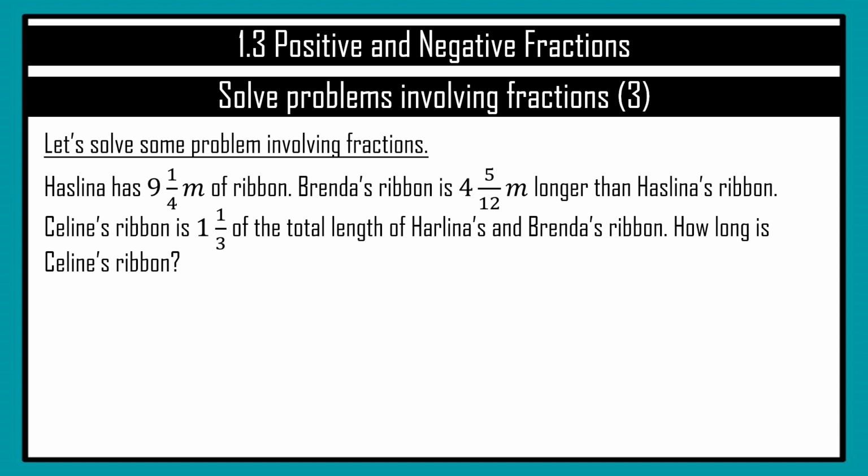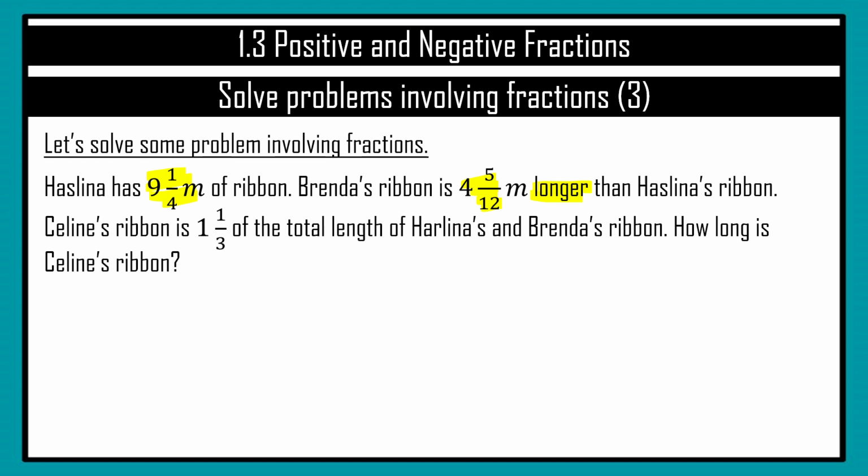Alright, so let's look at what is the given information. Number 1, we know that the length of Haslina's ribbon is 9 1/4 long, and Brenda's ribbon is 4 5/12 longer than Haslina's.